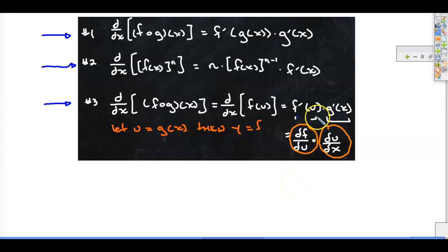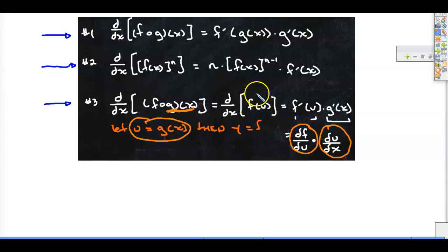And what that was illustrating is your inside function g here, which is with respect to x, if we let that inside function equal u, then what do we have? We're finding the derivative with respect to x of f evaluated at u.